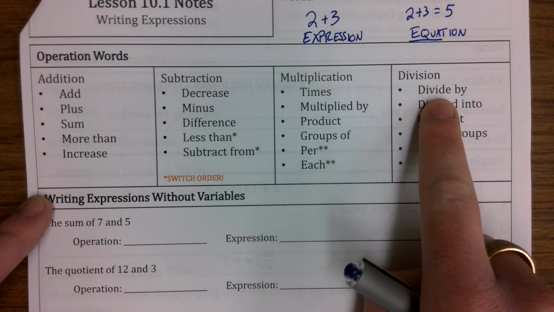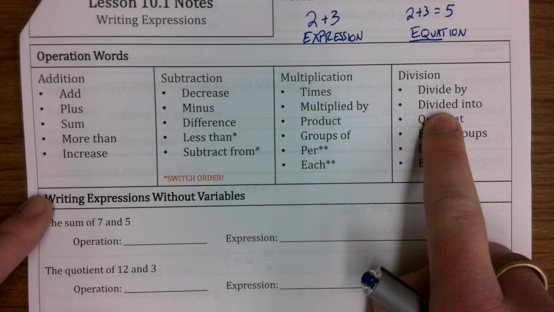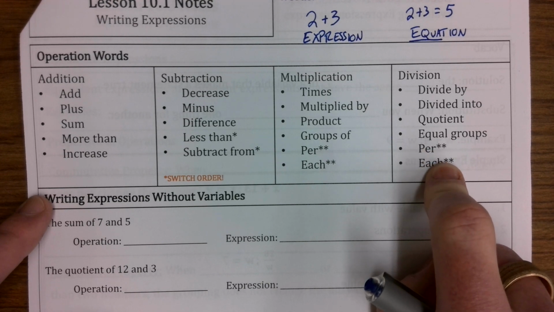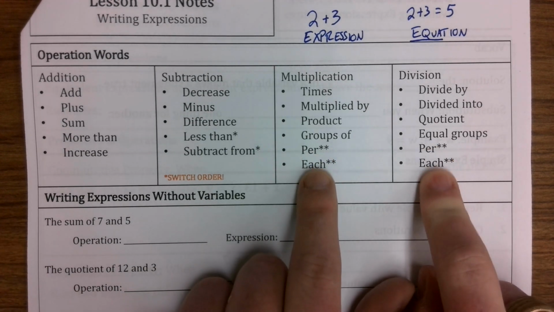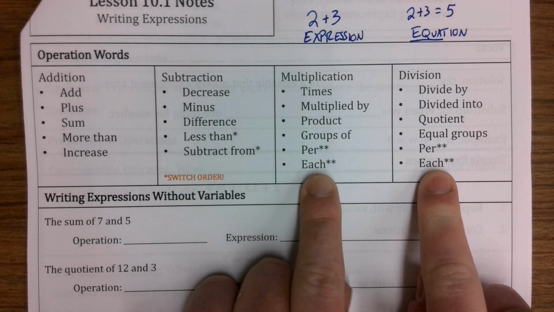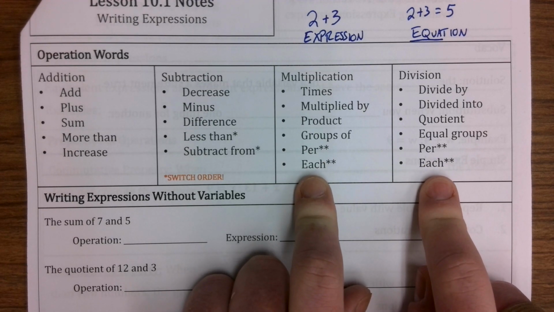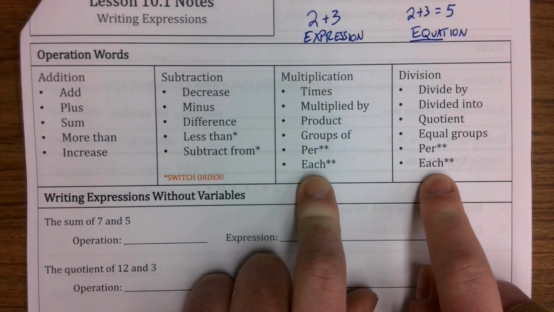For division, you might see divide by, divided into, quotient, equal groups, per, or each. Notice both of these words, per and each, show up under multiplication and division. Sometimes you can use them for both, so it's important to think about the context of the problem.